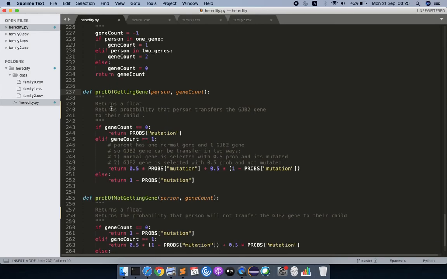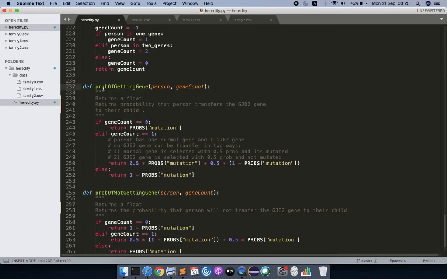Similarly, I have written this function which is the probability of getting the gene. This function takes as input a person and the gene count.